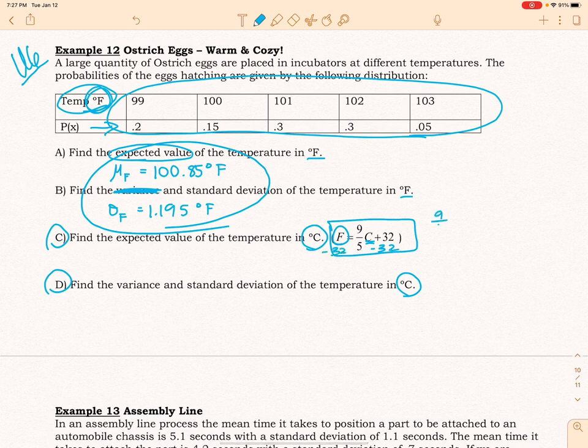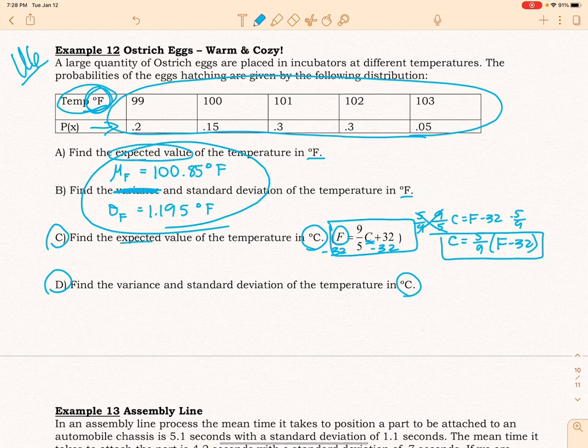So I end up with 9/5 Celsius equals Fahrenheit minus 32. And then I'm just going to multiply both sides by the reciprocal of 9/5, which is 5/9, to get Celsius isolated. So I've got 5/9 times Fahrenheit minus 32. So this is the transformation equation I'm going to use.